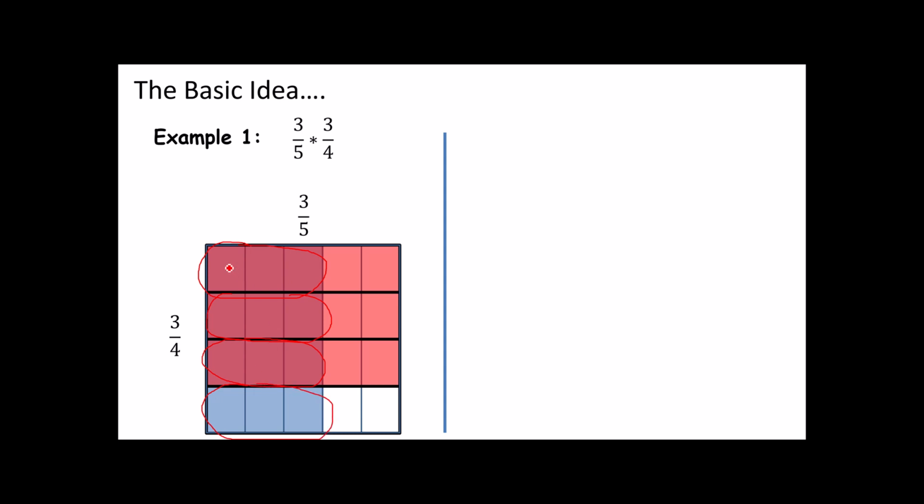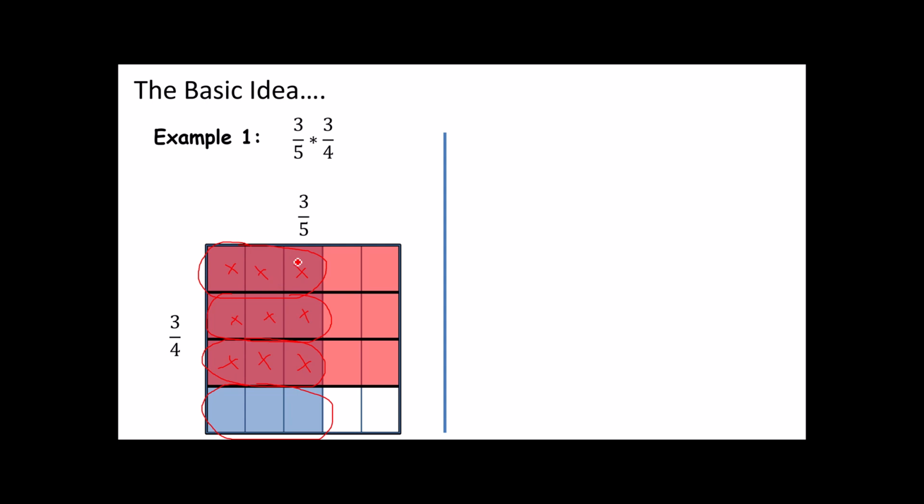Now, when I do that, this is what's really cool. 1, 2, 3, 4, 5, 6, 7, 8, 9 equal-sized pieces have been created out of the 12 pieces that are created in blue.